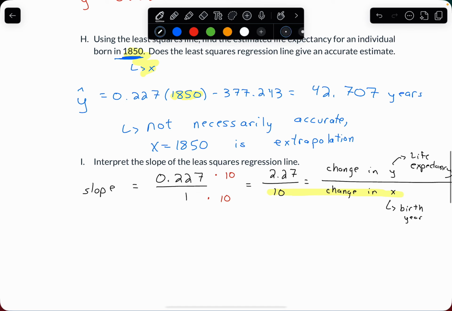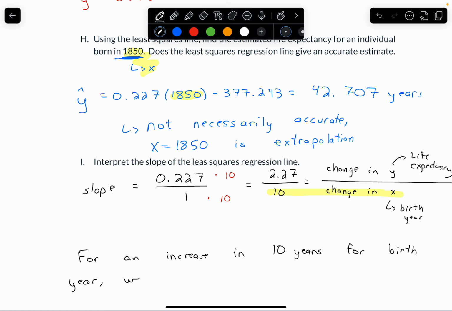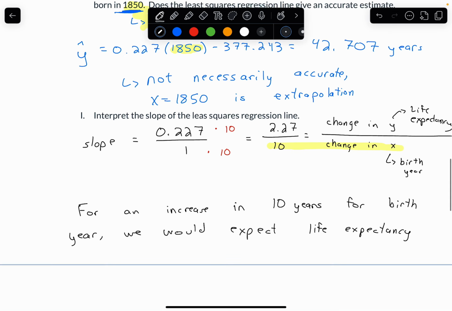So let's talk about this. For an increase in 10 years for birth year, we would expect the life expectancy to either increase or decrease.